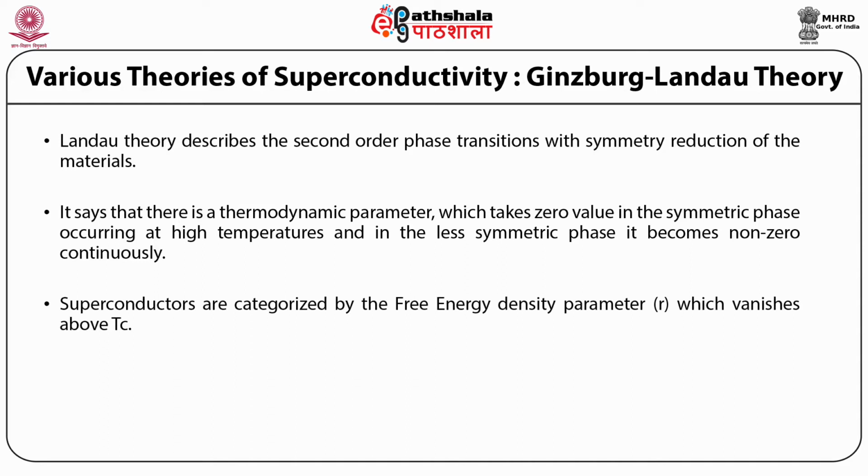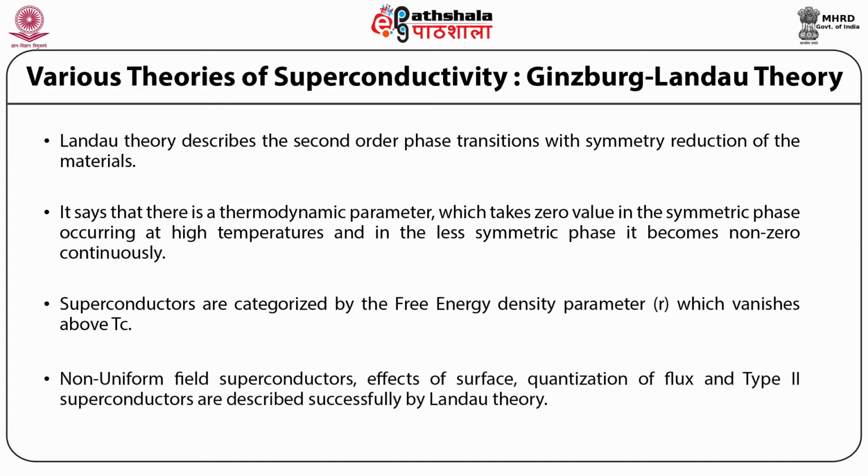Superconductors are categorized by the free energy density parameter, which vanishes above the critical temperature Tc. Non-uniform field superconductors, effects of surface, quantization of flux, and type II superconductors are described successfully by Landau's theory.